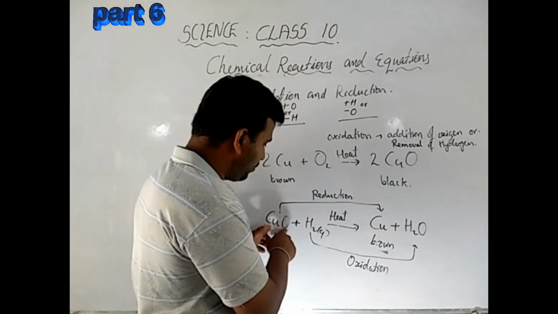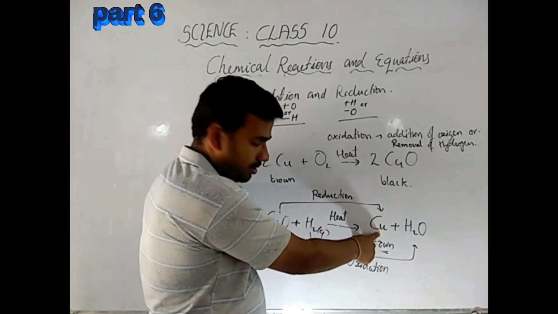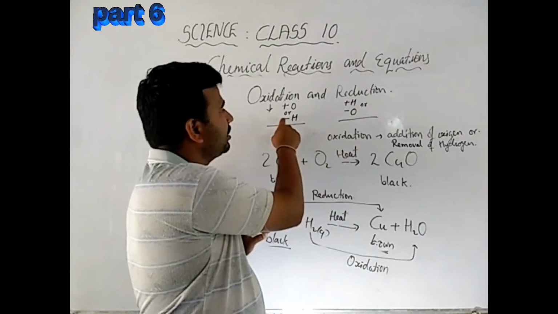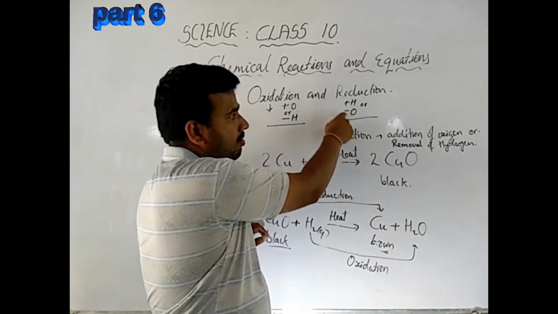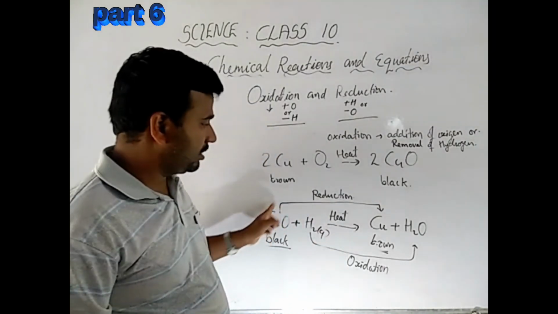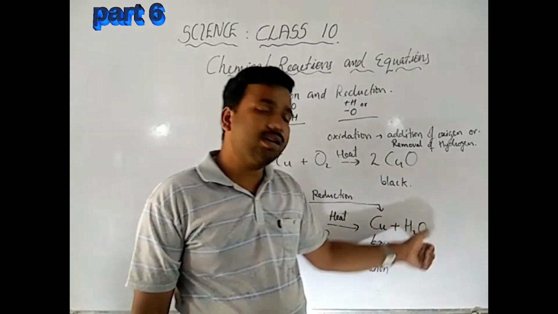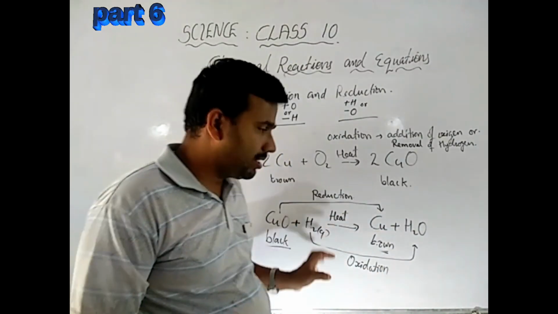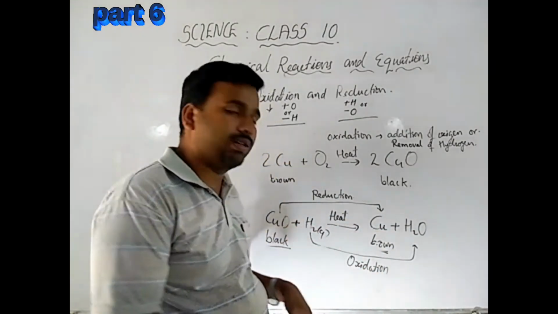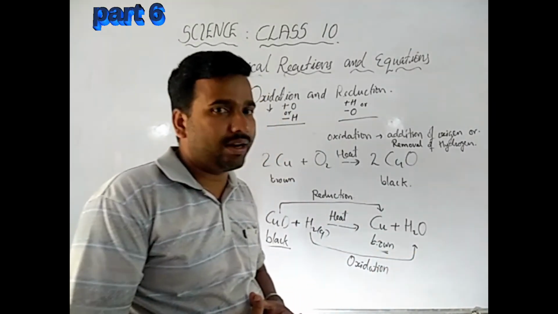Here you can see copper oxide is turning to copper. Copper oxide is losing oxygen, so we can say that it is reduction. At the same time, hydrogen is gaining oxygen. Hydrogen is added with oxygen, so we can say this is an oxidation reaction.